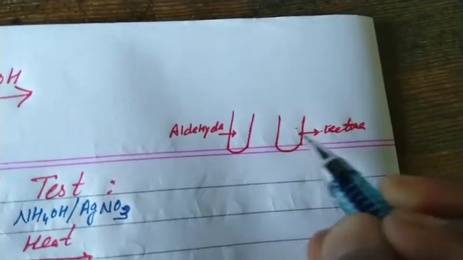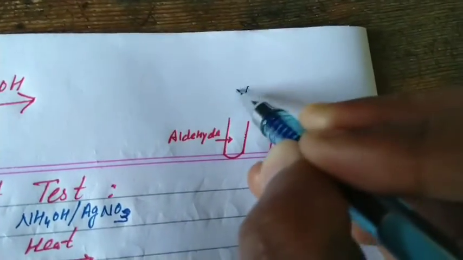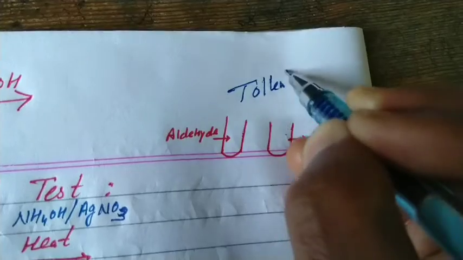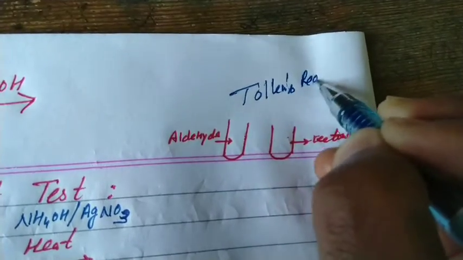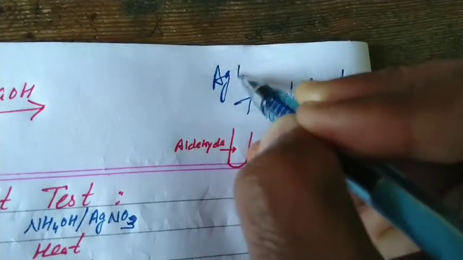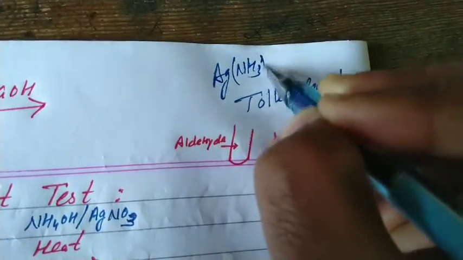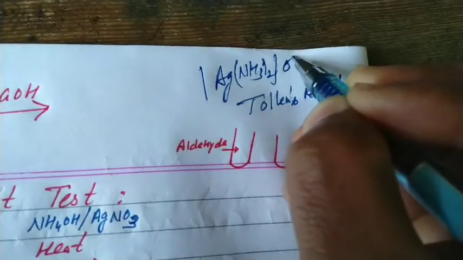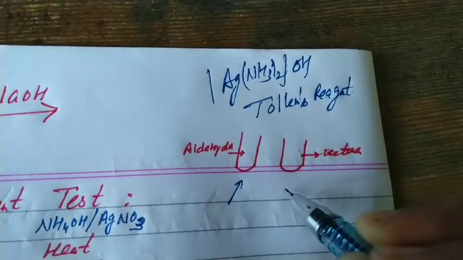These are two carbonyl compounds. Please look here. One is an aldehyde and the second is a ketone. We add Tollens reagent in these two test tubes. What is Tollens reagent? Ammoniacal solution of silver nitrate, Ag(NH3)2OH. And then we heat the test tubes.